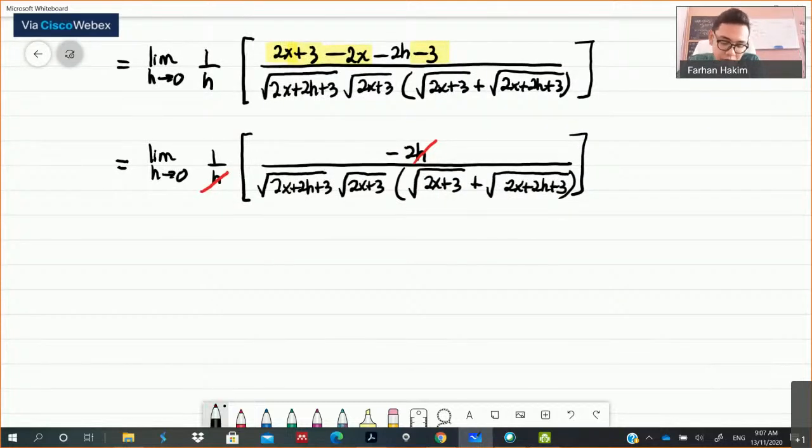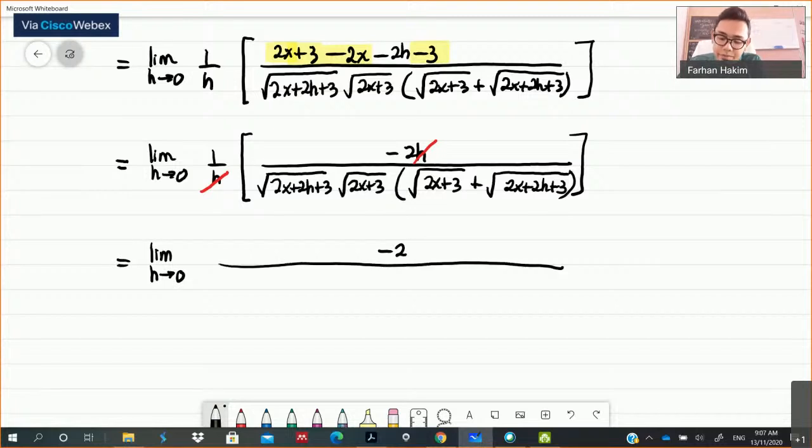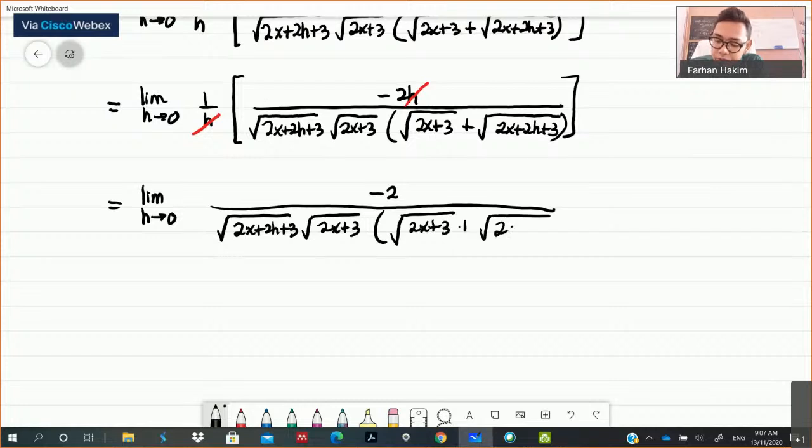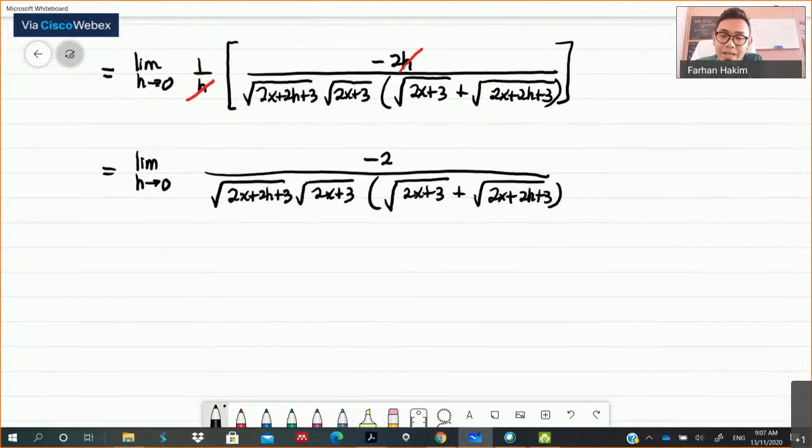I'll write this: the limit as h approaches 0 of negative 2 over square root of 2x plus 2h plus 3 times square root of 2x plus 3, times the bracket of square root of 2x plus 3 plus square root of 2x plus 2h plus 3. Now we can substitute the value of h with 0.